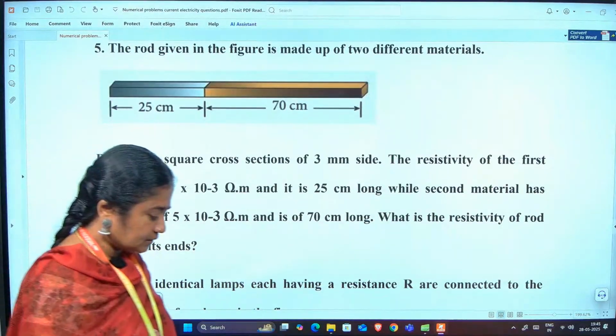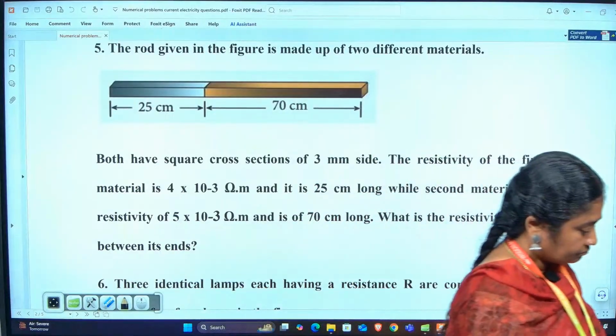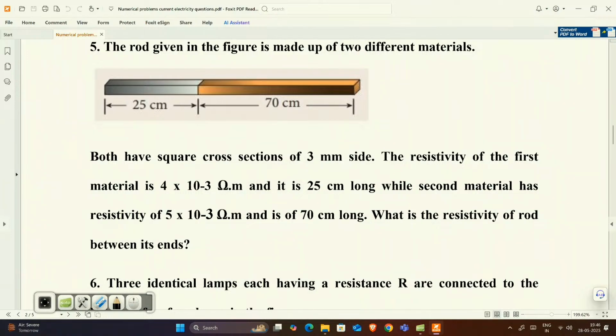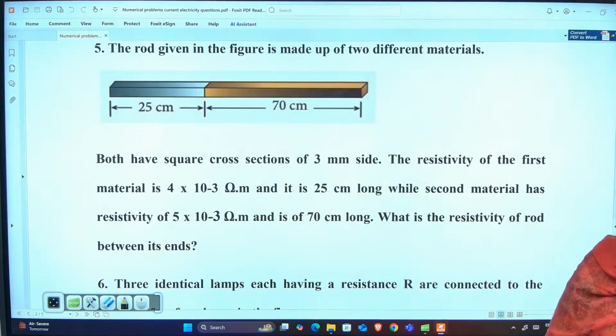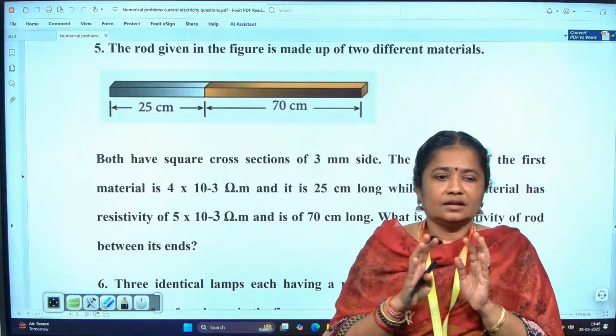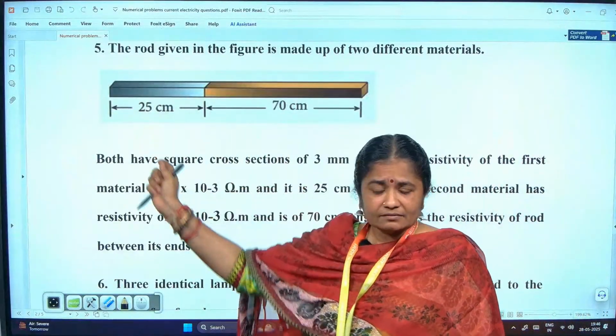What will be the resistivity between the ends where they have joined? How will you do the sum? Suppose you're going to consider it as a single system.